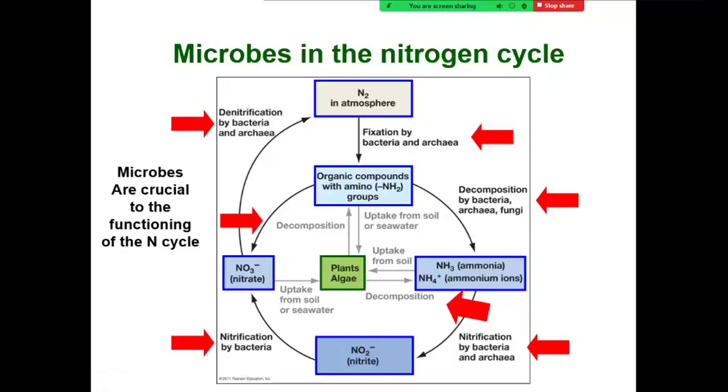Any question about any of that? So this is showing you how important microbes are to the running of the nitrogen cycle, which is important for the recycling of nitrogen on the planet Earth. It's important for the entire Earth, because if you didn't have the nitrogen cycle, whenever something would die, the nitrogen would just sit on the forest floor locked up.